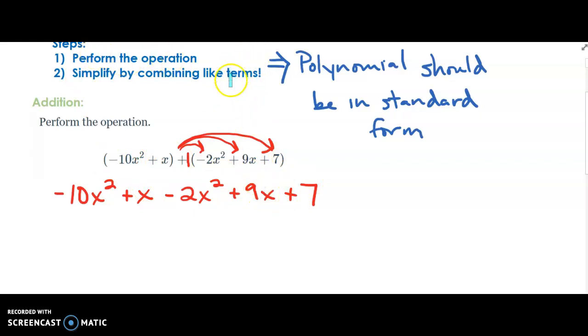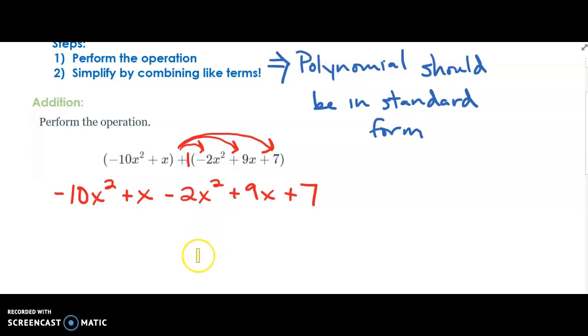So we've performed the operation, we've added these two polynomials together, and now we need to simplify by combining like terms. And when we are looking for like terms, again, this is a mega review, but I'm going to mention it anyways. That means that our variables for each term need to be the exact same. And if they are, we can combine those.